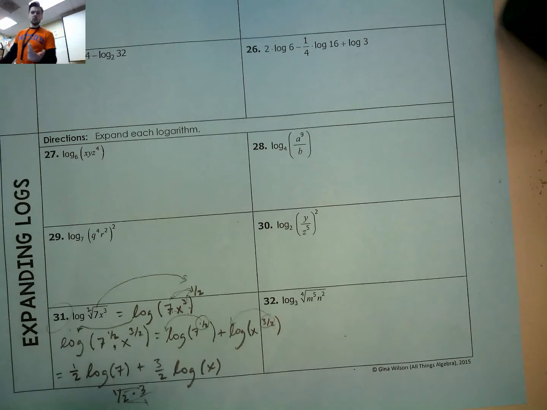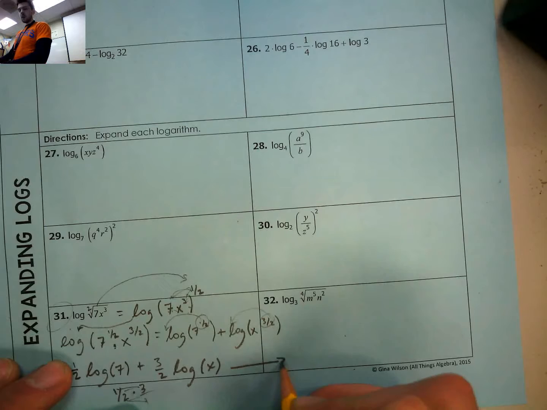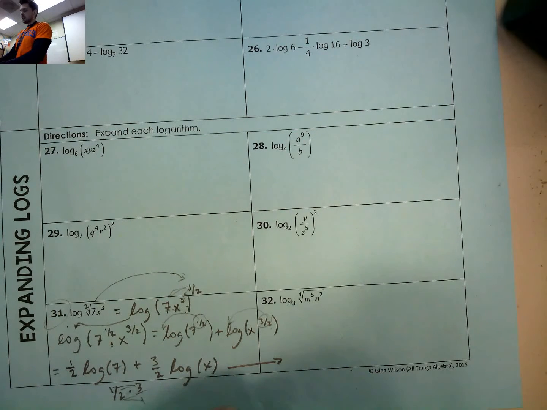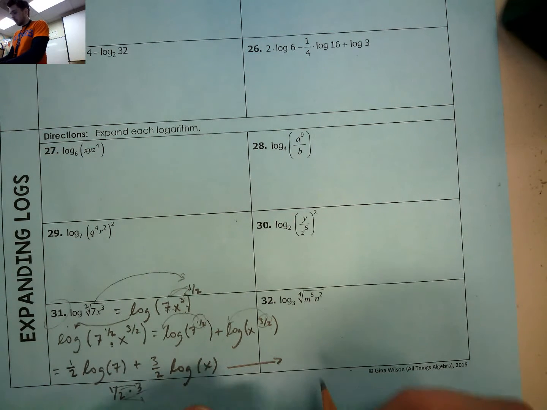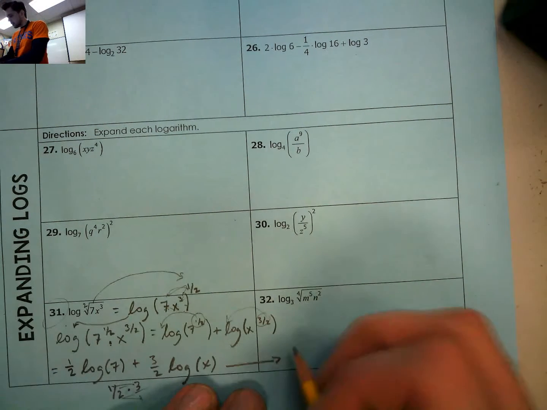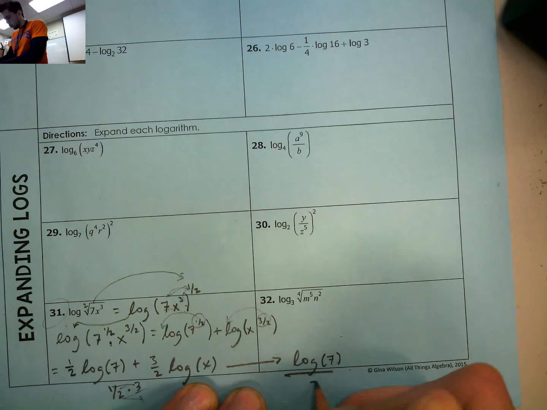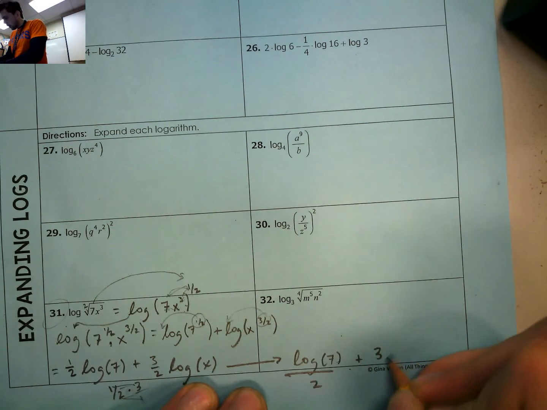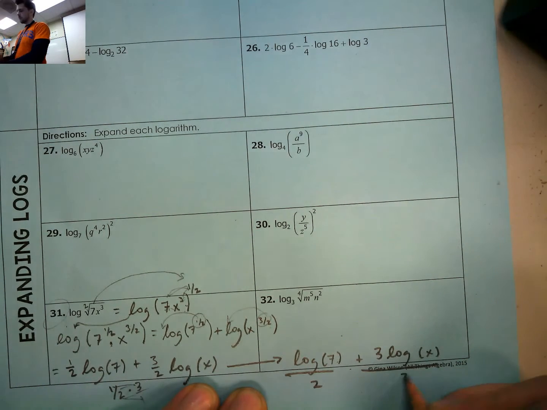There are some other ways to write this, and we might do a few problems that are like this. I'll show you real quick. You could rewrite this differently, which might help us in solving some problems when we get to that in a little bit. Sometimes it might be more helpful to solve a problem if you wrote it like this. Log of 7 over 2 plus 3 log of x over 2.